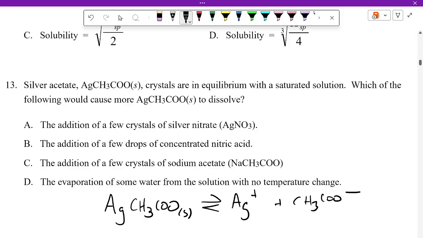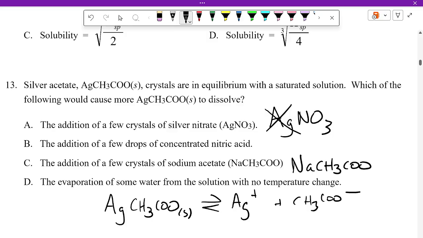And what if we add some AgNO3? Will that cause more to dissolve? No, that's going to cause less to dissolve because we have some silver there. What if we add some NaCH3COO? Will that cause more to dissolve? No, because it'll cause less to dissolve because that's a common ion.